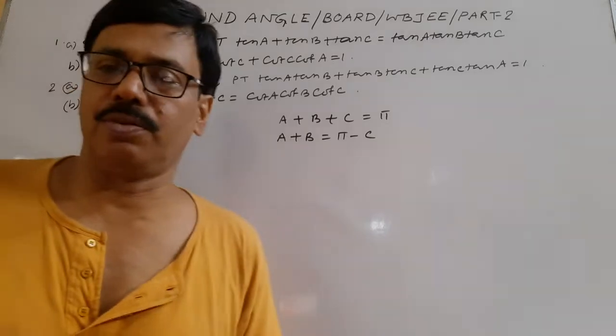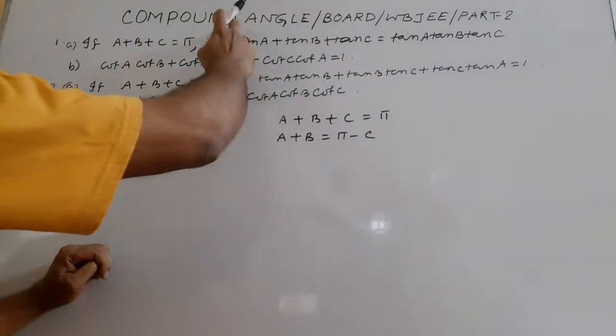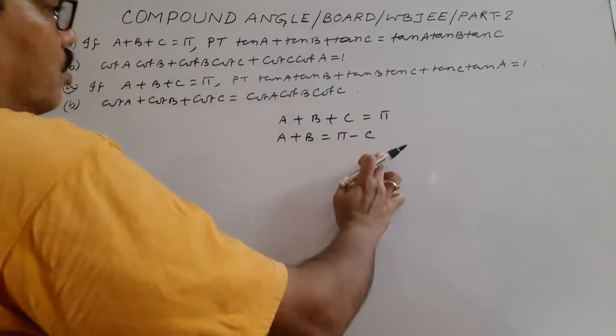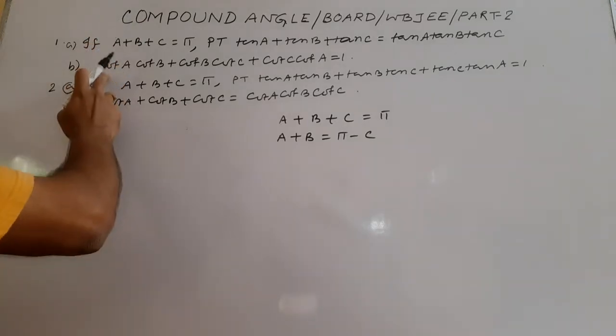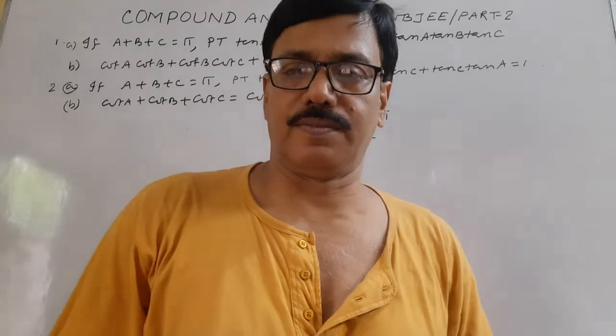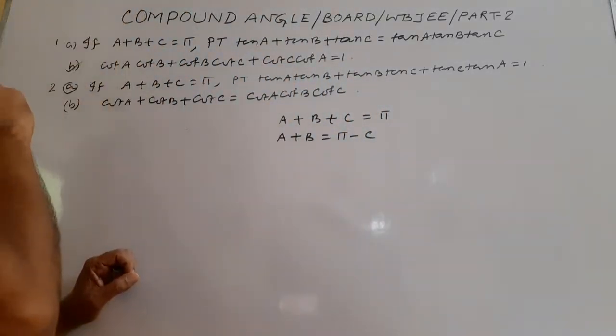Now, if we want to prove the first problem, 1a, then you have to take tan on both sides because it is in terms of tan. If you want to prove the cot result, then you have to take cot on both sides. So we start 1b. We will solve.